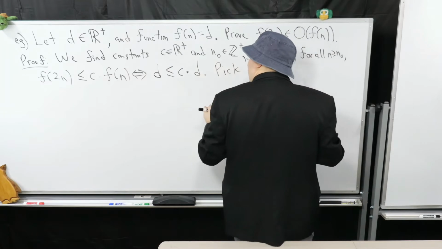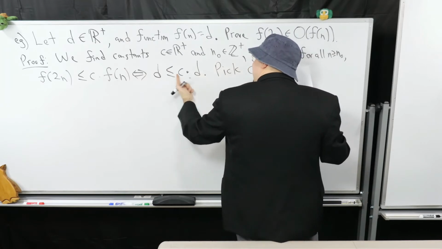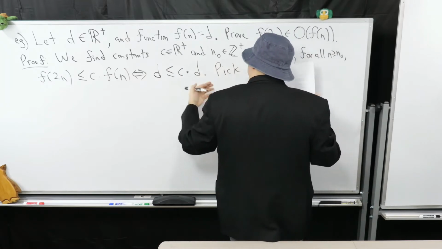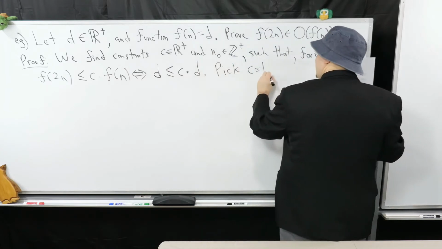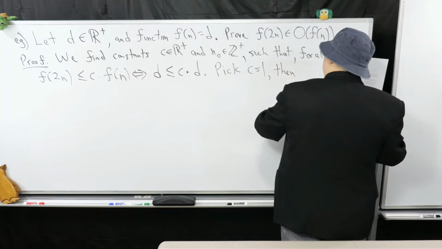You might ask why? Well, you'd agree with me that if I make this 1, then d is less than or equal to d, which means that it has to hold because of equality. So pick c is equal to 1.